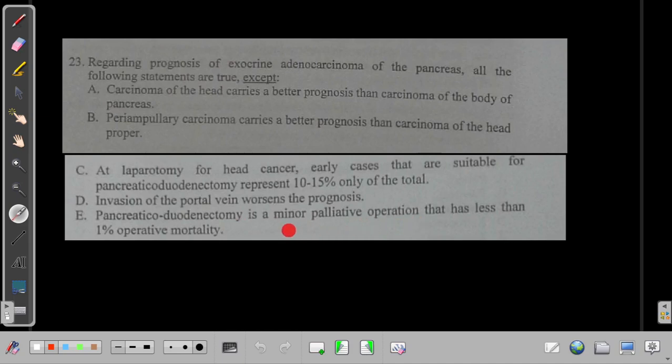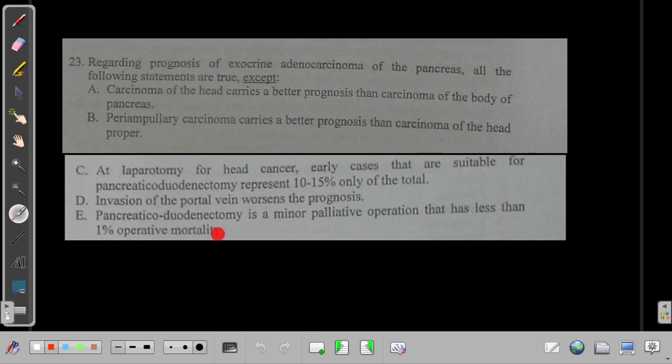As a matter of fact, Whipple operation is a very major operation. It takes not less than 3 hours. And it has less than 1%. As a matter of fact, it has at least 10% operative mortality. So this statement is untrue.